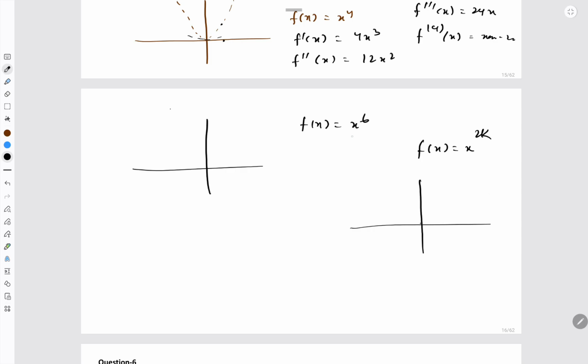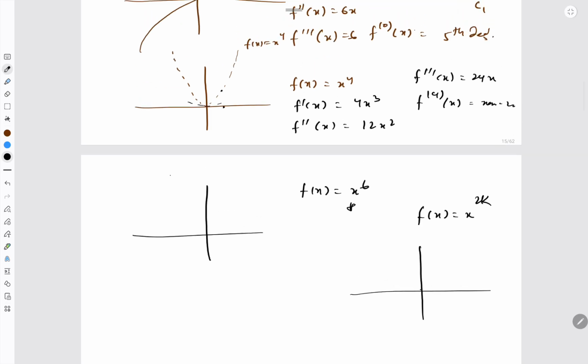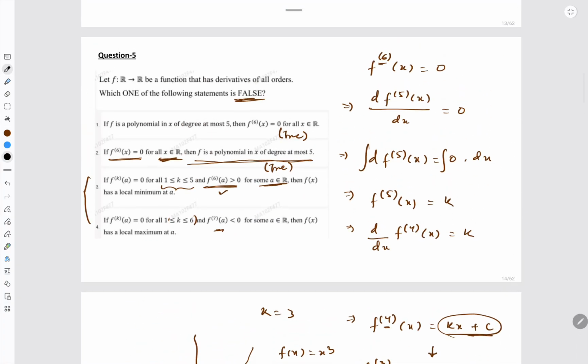So why am I doing this? From the pattern you can see, if I take f of x equal to x raised to the power 4, up to the third derivative it is 0, but the fourth is positive, right? For power 6, the sixth derivative will be positive, but the remaining will be 0. So this option is true, right?